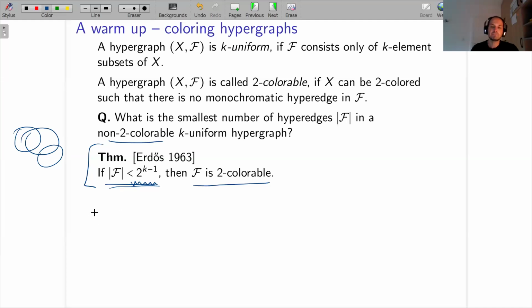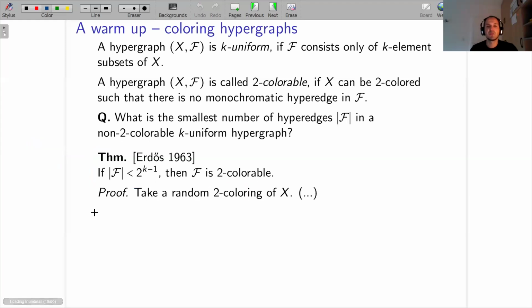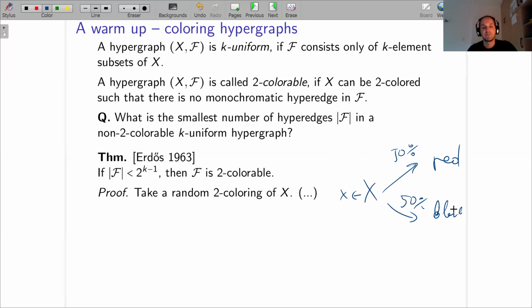Okay. So let's prove this. How do you prove this? Well, you take a random two coloring of our board. So for every x in X, with 50% probability we color it red, and with 50% we color it blue.